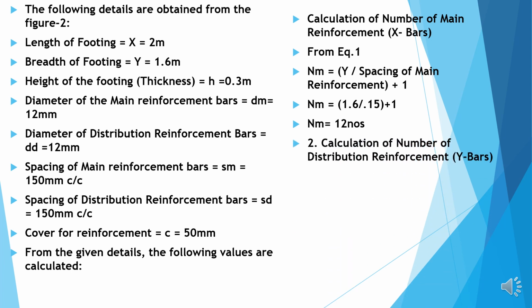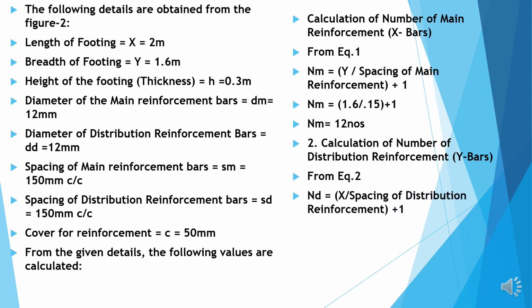Number of distribution bars, Y bars. From equation 2, ND is equal to X divided by spacing of distribution reinforcement bars plus 1, that is 2 divided by 0.15 plus 1, which is 14 numbers.